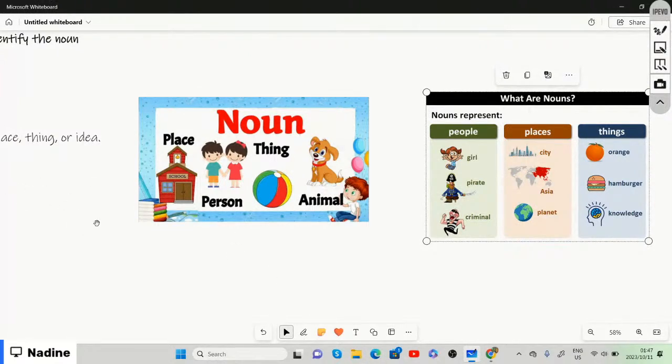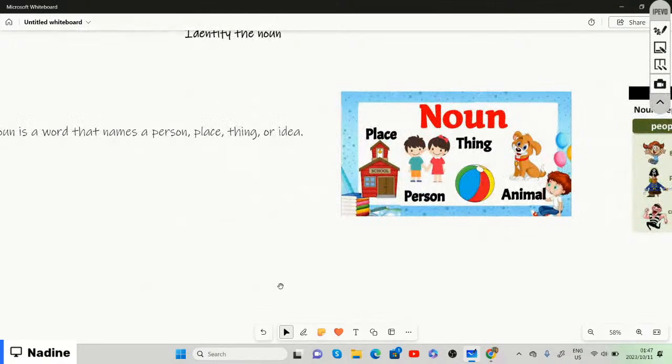You don't specifically have to give the name of the place. You can just say a zoo, a park, a beach, and so on. So a noun is a word that names a person, place, thing, or idea.